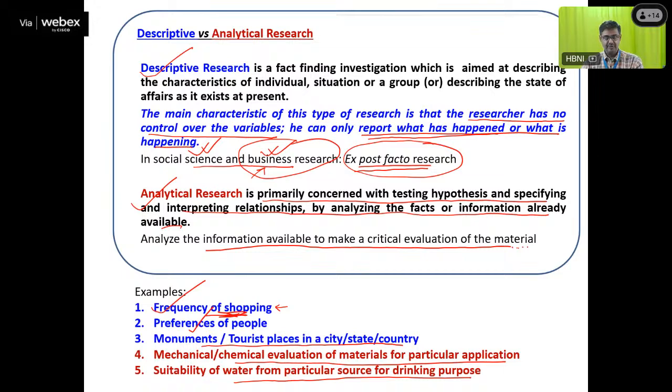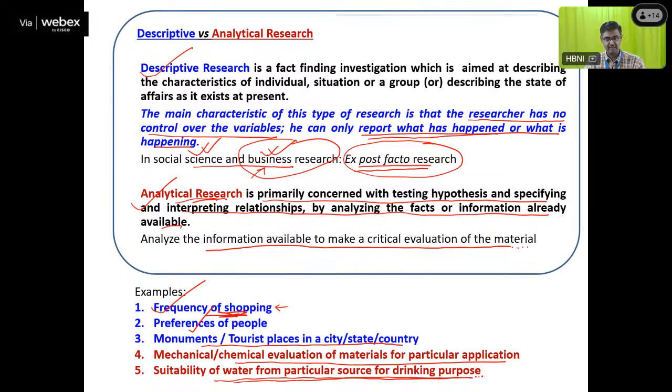So if we have the data, with the help of analytical research we can get the data, and then you can explain to the people whether the water from a particular source is suitable for drinking or not. So it is applied research, but based on analysis.